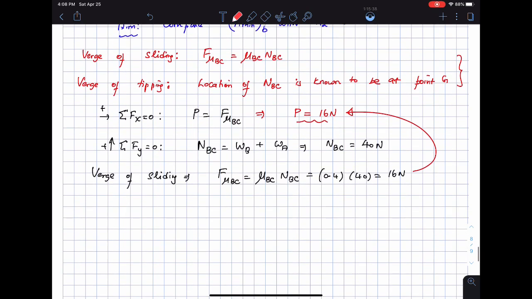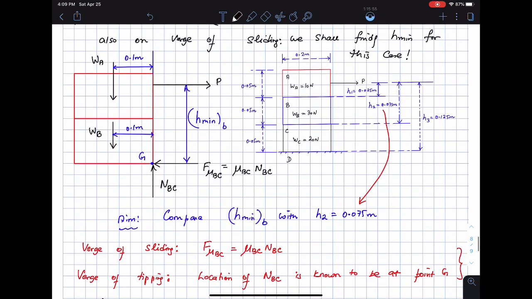Then verge of tipping, which means that I can sum moments about the point G. Verge of tipping means that the sum of moments at the point G is 0. This point is going to act like a fixed point for this body. If I do that, then I see WA plus WB times 0.1 balanced by P times H minimum B, right?